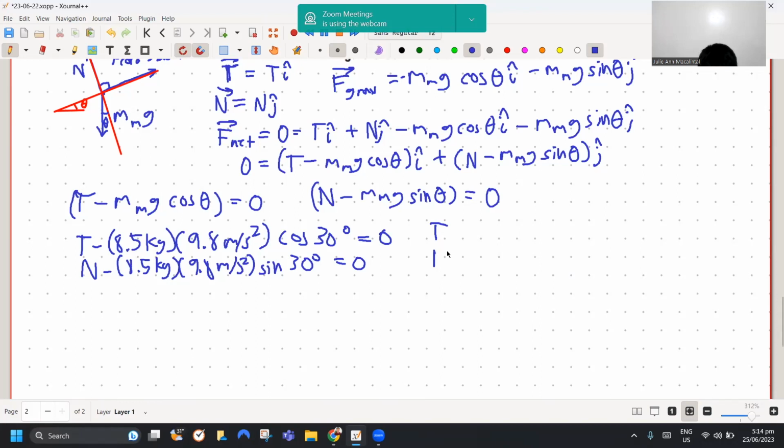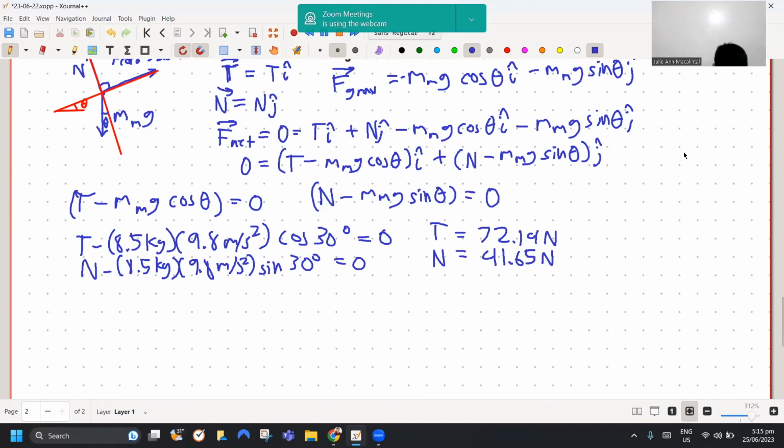So, 2 equals 0.5. So, 8.5 times 9.8 times cosine 30.